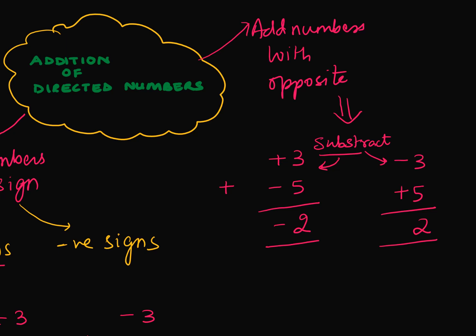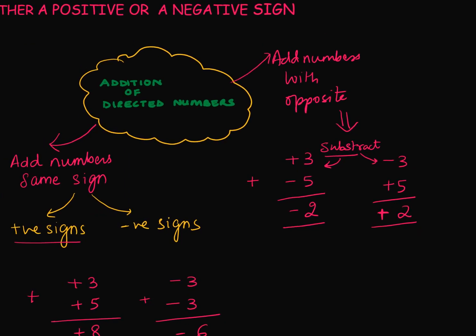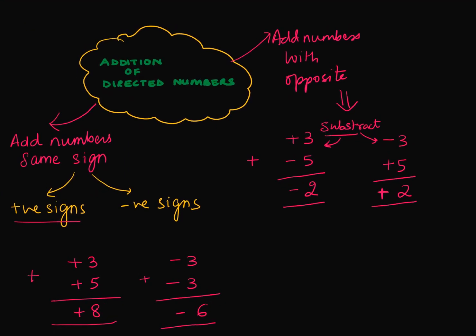Now larger number has got a sign of plus, it's positive 5, so my final answer is going to be positive. So the only change in the final answers is because of the signs. Okay, so these are some rules you need to keep in mind when you are solving sums based on directed numbers. Now with this in mind, let us begin by solving a few past paper questions.